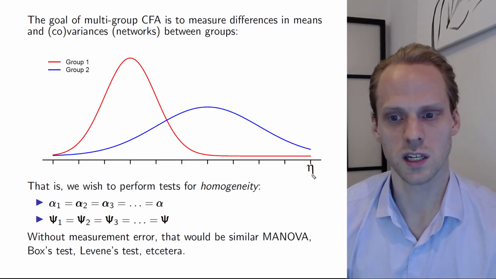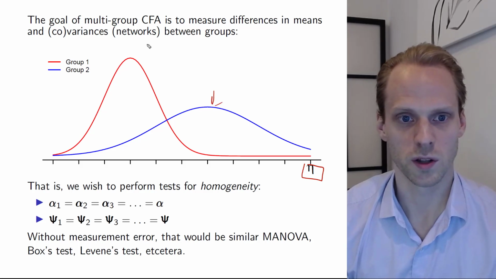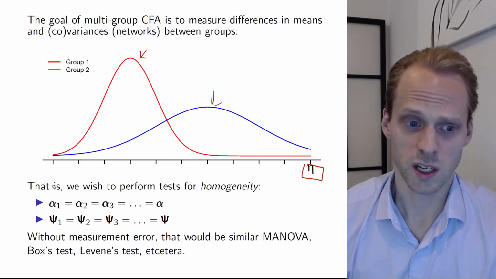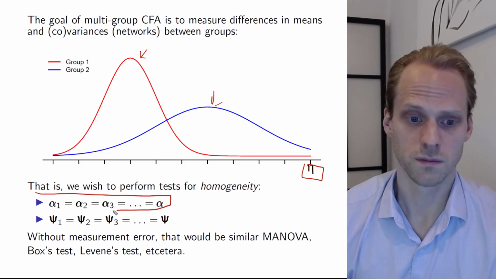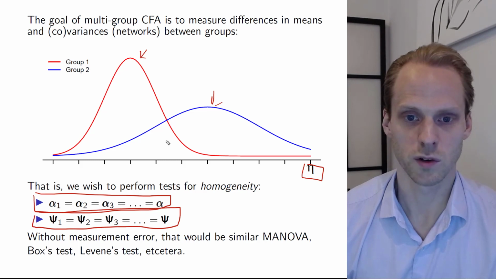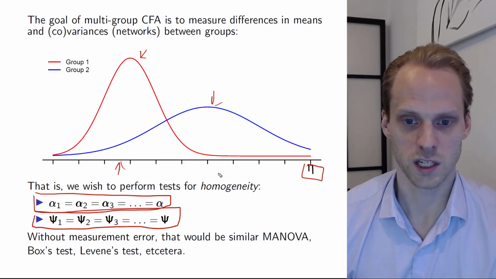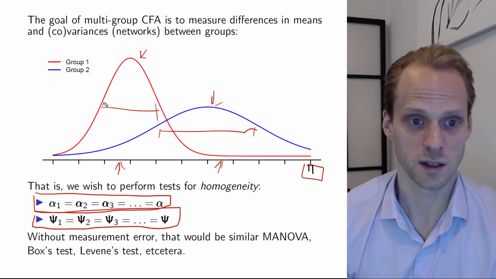So you're interested in seeing if this latent variable here, eta, has a different distribution in group 1 compared to group 2. So what you're interested in is testing if the means are equal and if the variance covariance structure is equal between the groups. So if the placement of the center of this distribution is equal, if the spread is equal, and maybe even the correlation structure and things like that.